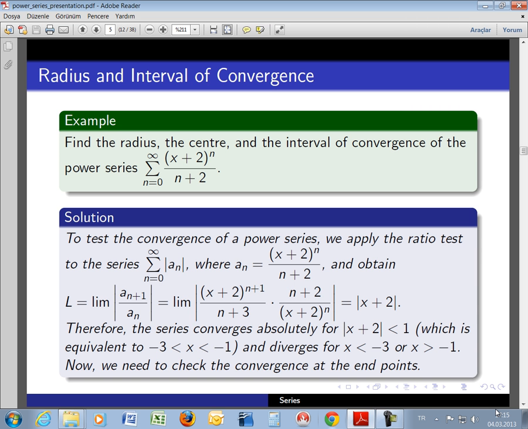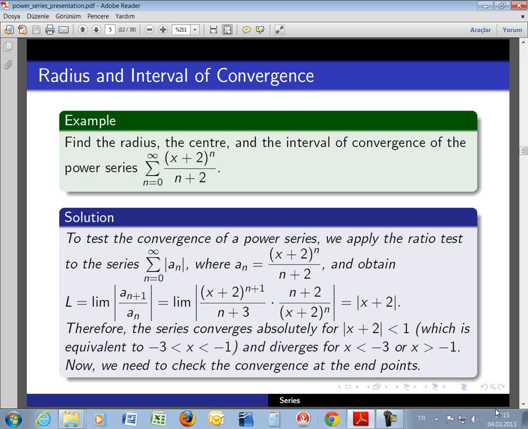If we go through the solution, in this case we apply the ratio test to the series sigma a_n, and it gives us the absolute value of x plus 2 as the limit as n goes to infinity. So we are saying that the series converges absolutely for every x satisfying the condition that the absolute value of x plus 2 is less than 1, and divergent conditions are also given.